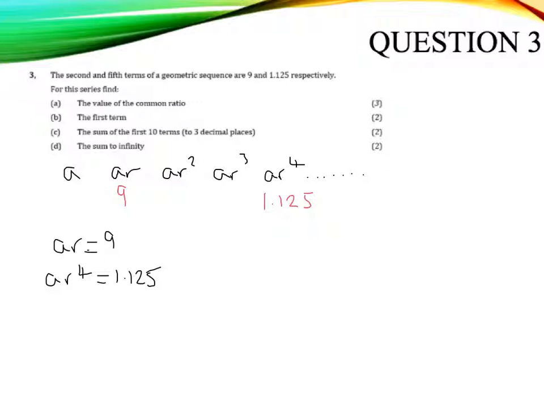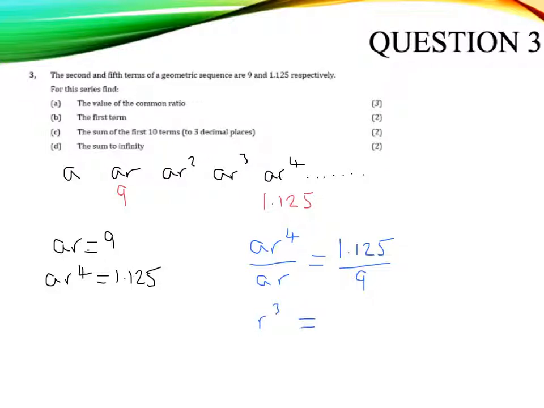In order to eliminate some things, we don't really care what A is. We've not been asked for A. So if we set this out as AR to the 4 divided by AR, then we'd have 1.125 divided by 9. On the left-hand side, the A's would cancel, and we'd be left with R cubed.